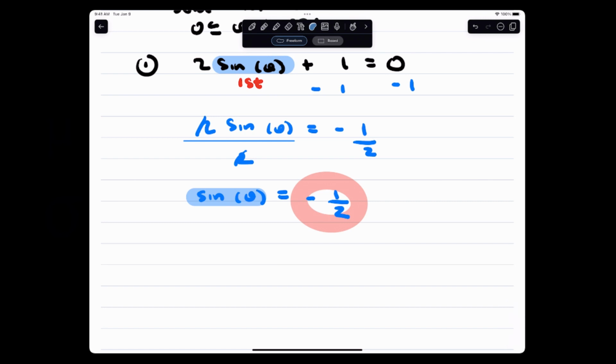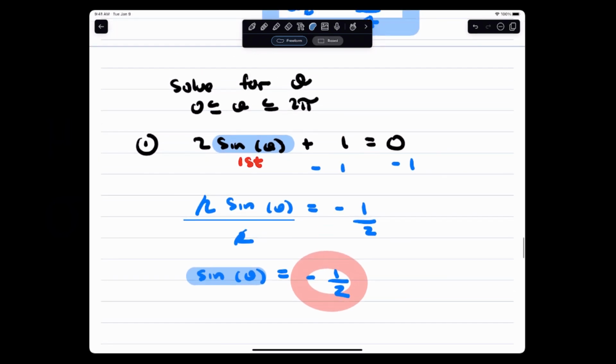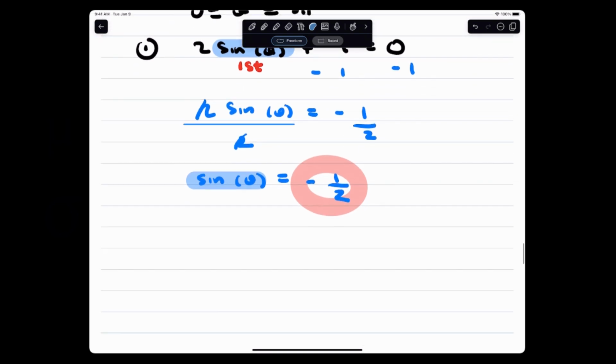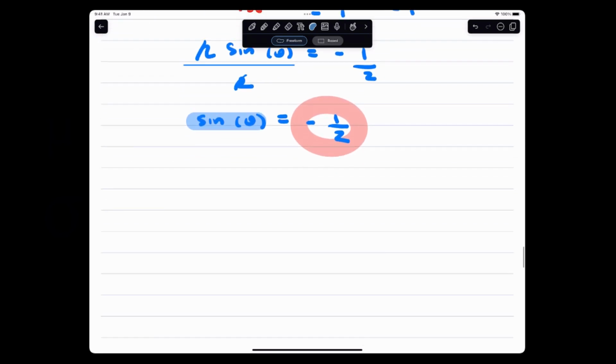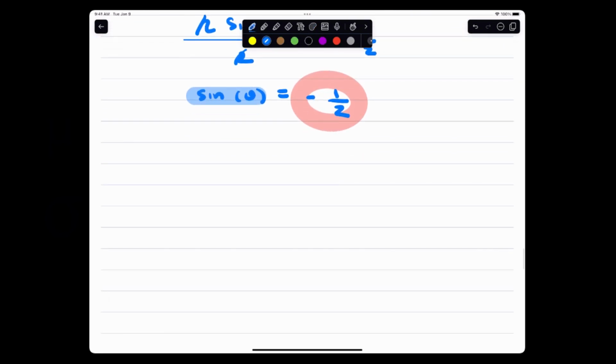There's only 2. You can't figure it out by graphing. So which choice do you guys want to use? Okay, let's use the reference.